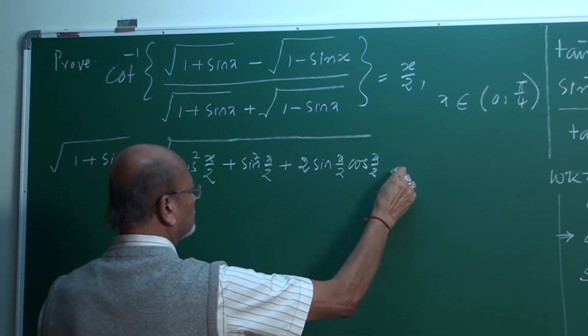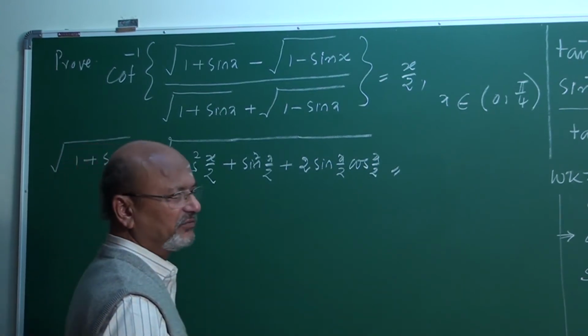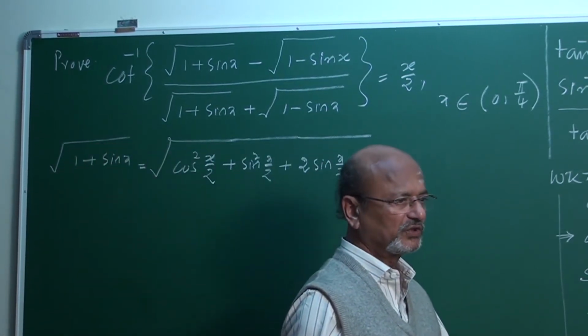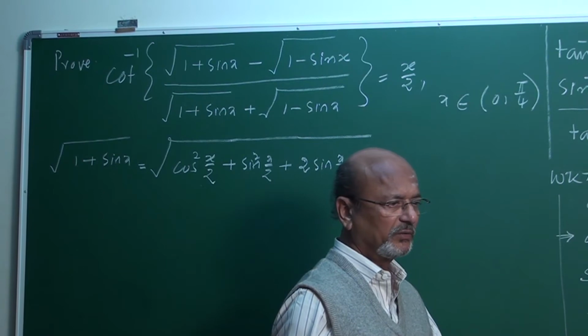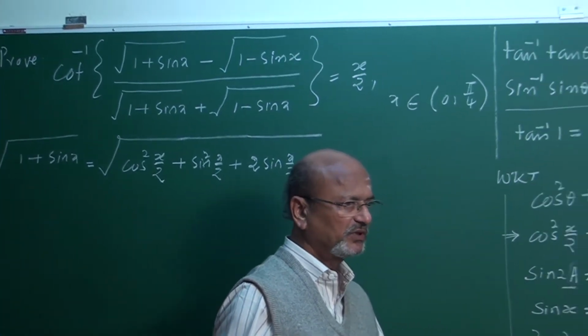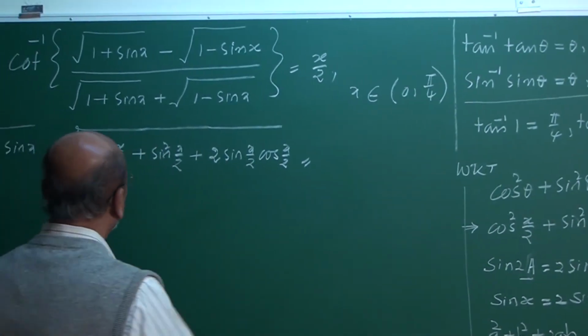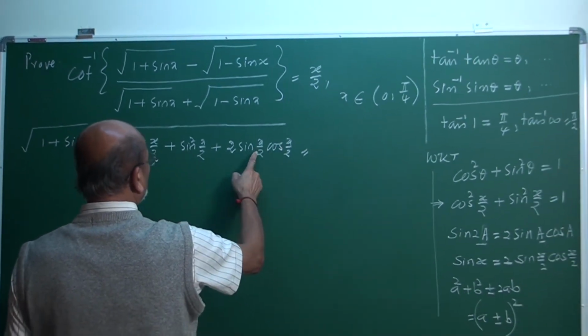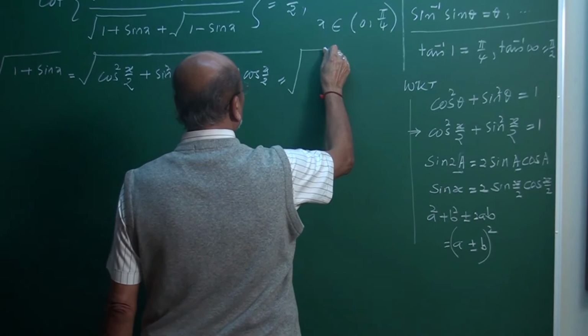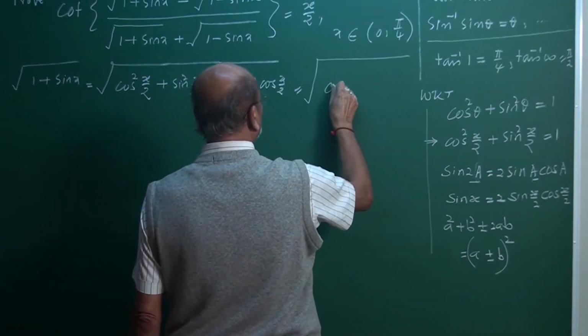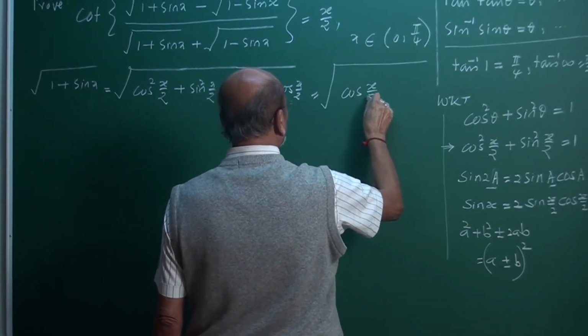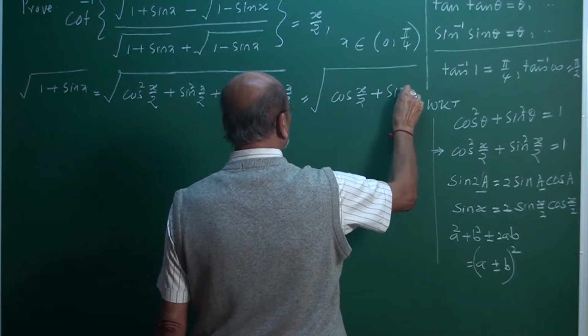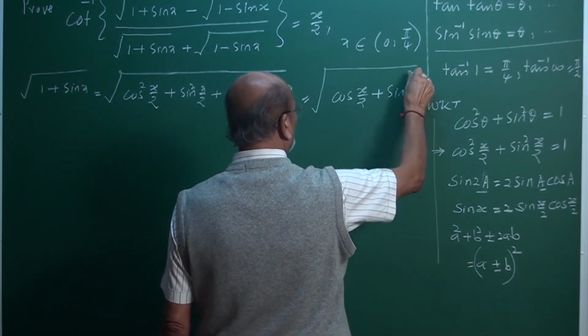Down here, if it is a square plus b square plus 2ab, it is what? A plus b the whole square. So a square plus b square plus 2ab is a plus b the whole square. What is a? Cos x by 2 plus sin x by 2 the whole square.